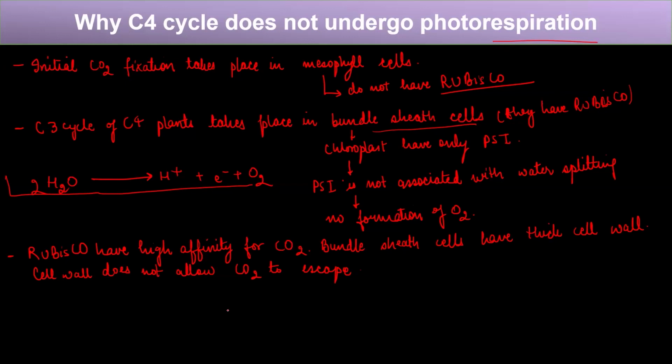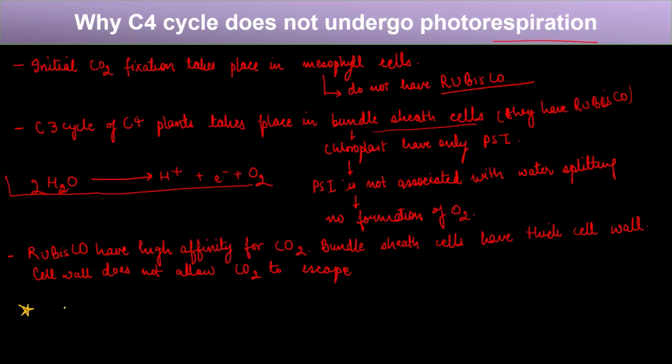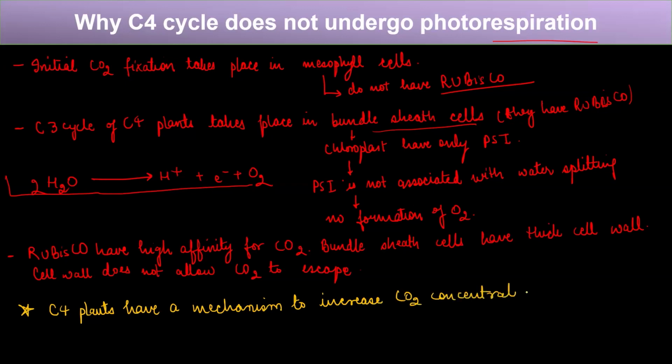So in summary, what we can write is that C4 plants have a mechanism to increase the carbon dioxide concentration in the cells.